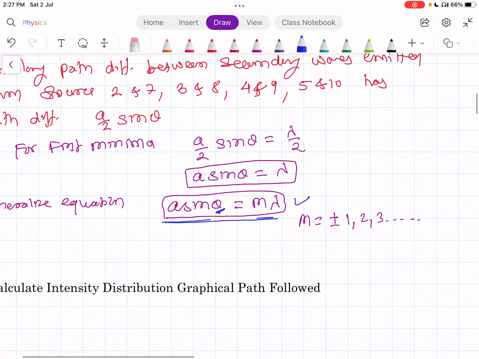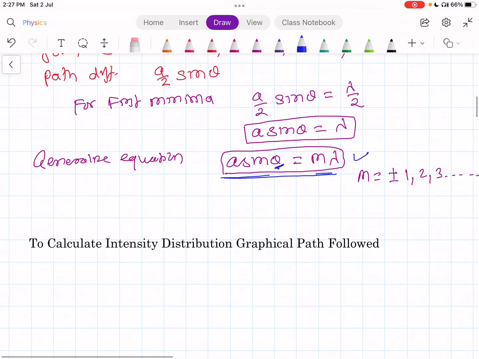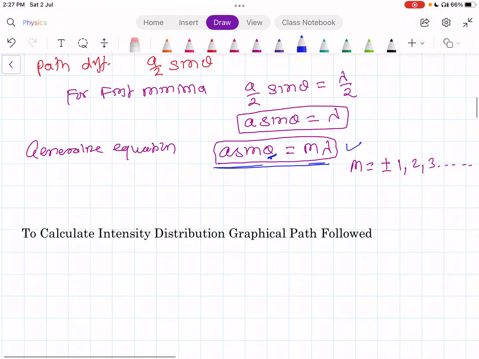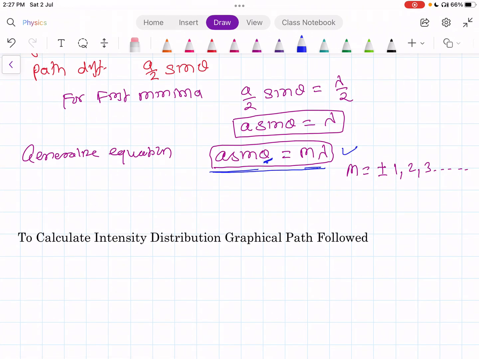And that's why, to find out the intensity distribution, we are going to follow a graphical path. Let us see what this new phenomenon is to find the intensity distribution on the screen using the graphical path.